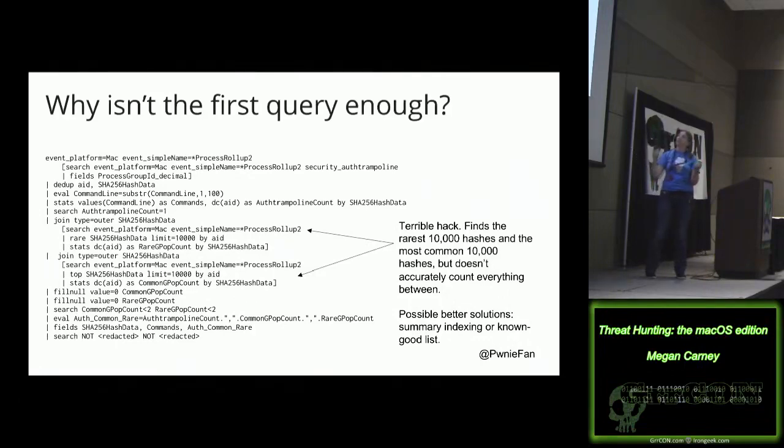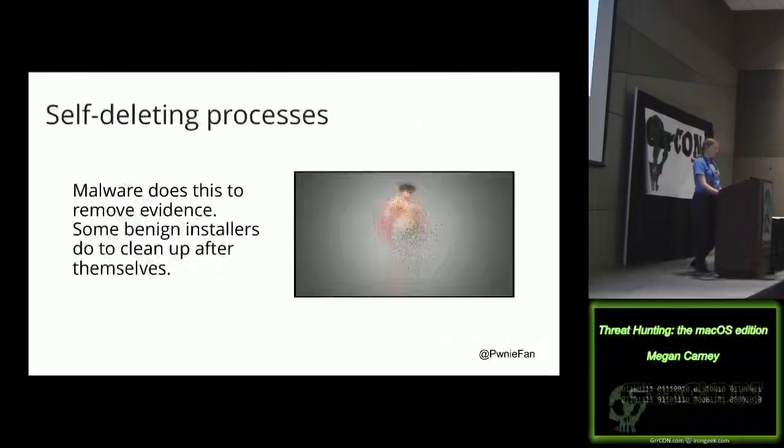So a lot of stuff comes up that's not actually rare. I couldn't solve this problem on the infrastructure I had, but I think you could do this really well with summary indexing, or if you have some sort of known good list. That would also be an awesome way to throw out stuff that you know is false positives.